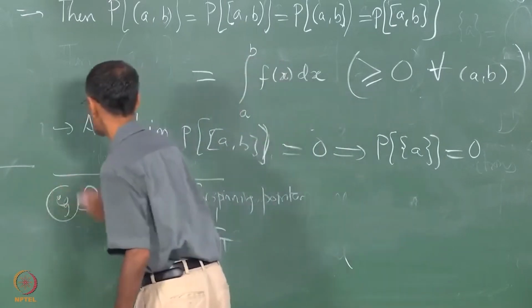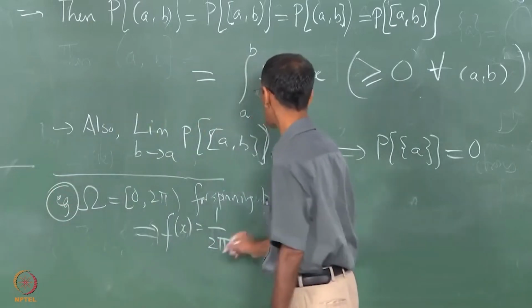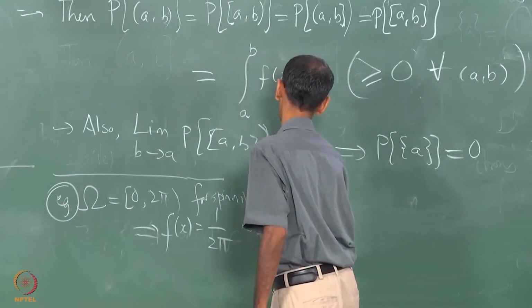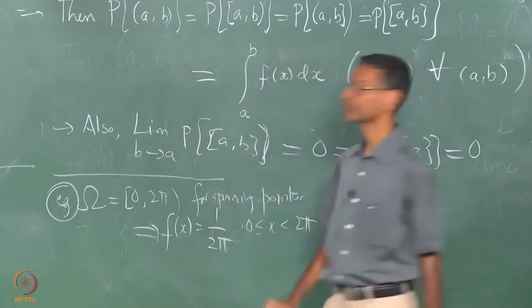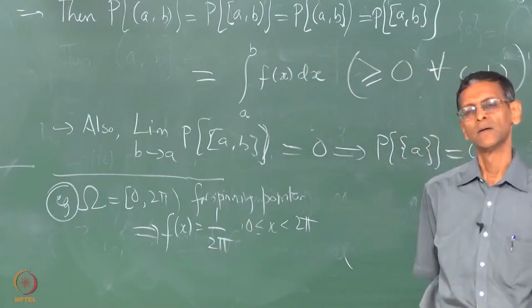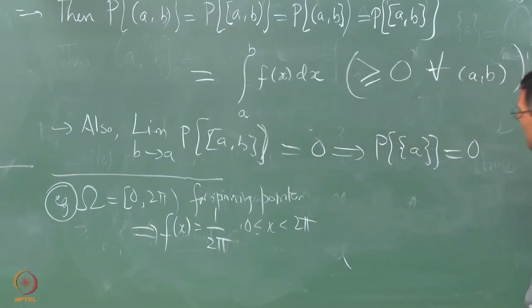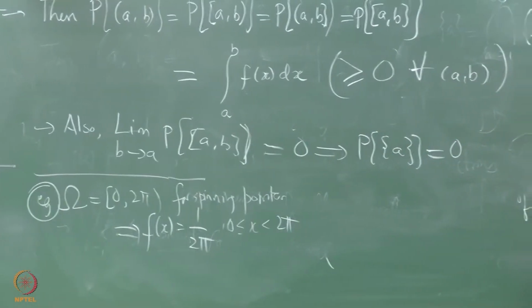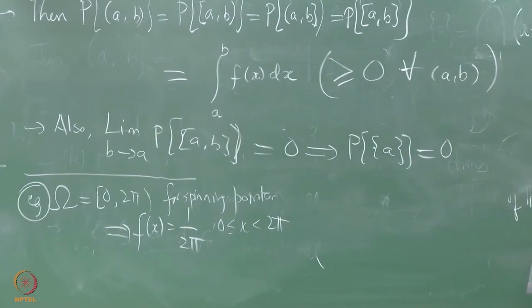This is just one possibility. What does this mean? It says that no interval is going to be favored over any other interval of the same width.